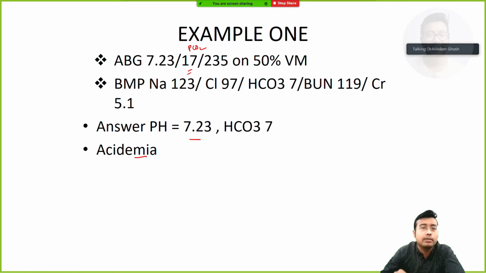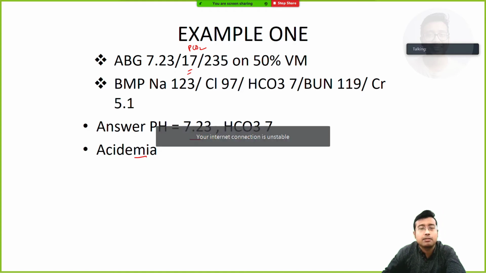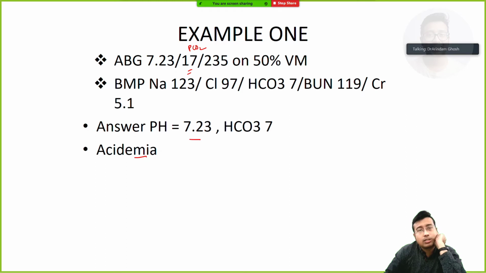That is why, as a compensatory process, respiratory acids have also gone down. Is it clear? Lung is trying to decrease the acid load, that is why it is washing out carbon dioxide. Therefore, PCO2 value has gone down. So we can say this is a case of primary metabolic acidosis with respiratory compensation.